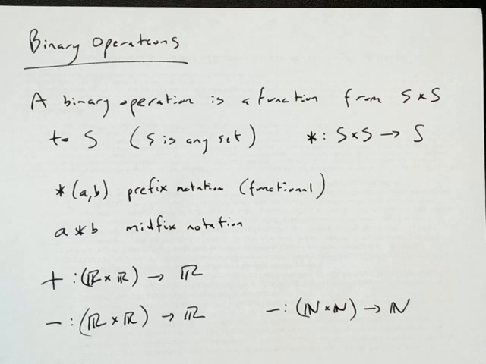That's not well defined. So if I have 1 and 2, and I say take 2 away from 1, I'm not still in the set. That's bad. That's not right. So one of the things I need is for the operation to be defined on all possible pairs in my set.